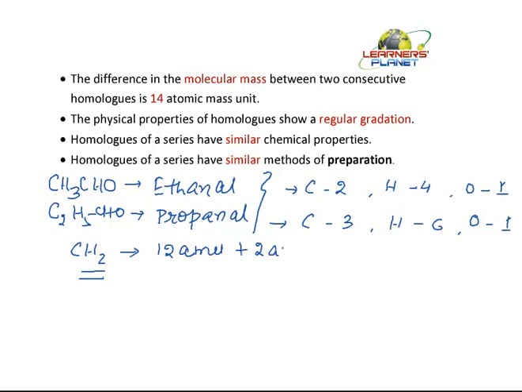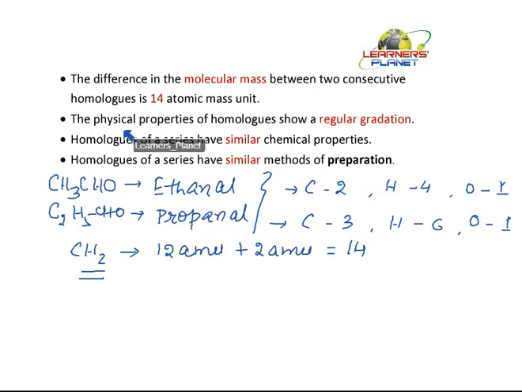So it is 2 AMU, and now this is equal to 14. So that's what this point is saying, that the difference between the molecular mass of 2 consecutive homologues is 14. Okay, so you can find this atomic mass unit term everywhere. This can also be written as amu.